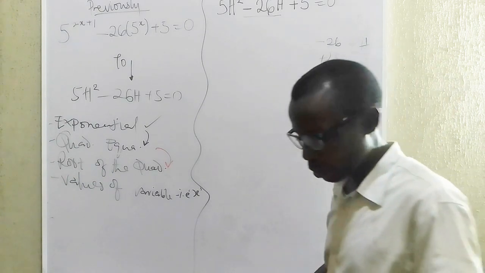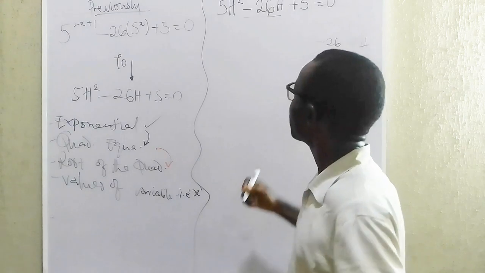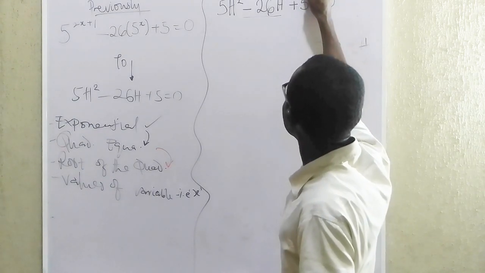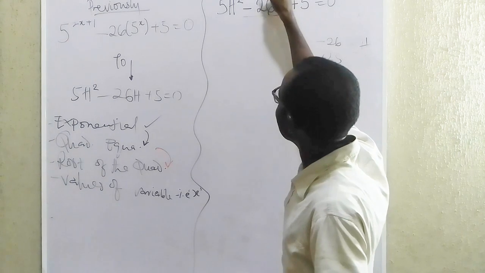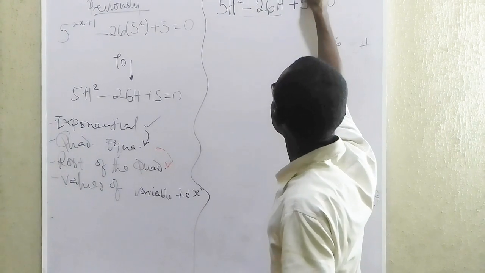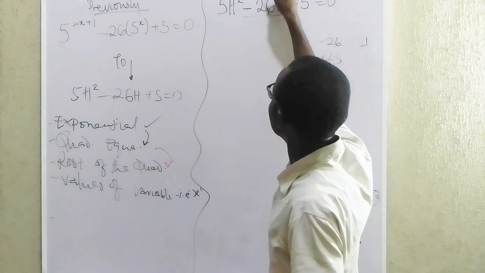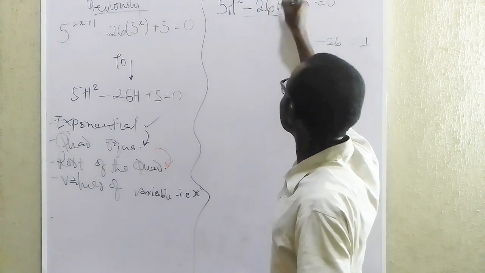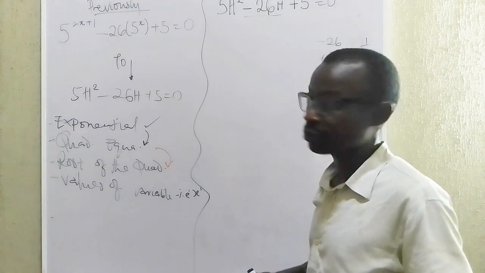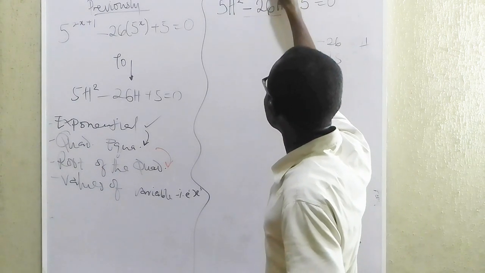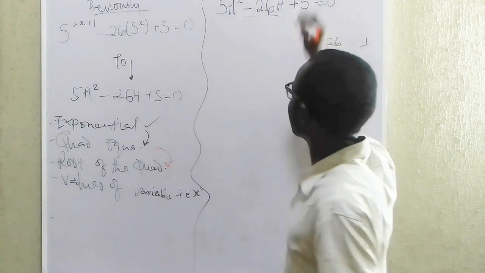We'll look for two numbers that when we multiply will give us 25, and when we add or subtract will give us minus 26. What are those numbers going to be? What are the numbers that when we add or subtract will give us this, and when we multiply will give us this?